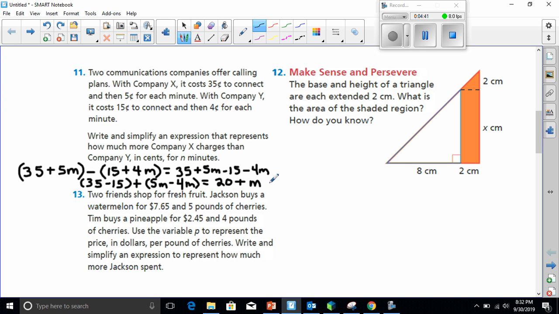So I guess my answer would be it's 20 plus m more. And let's see, did I cover everything? Well, it did say to use n for your variable, but whether you use m or n, it's just a variable. I will accept either answer. If you remember to put n instead of m, then that's great for you too.